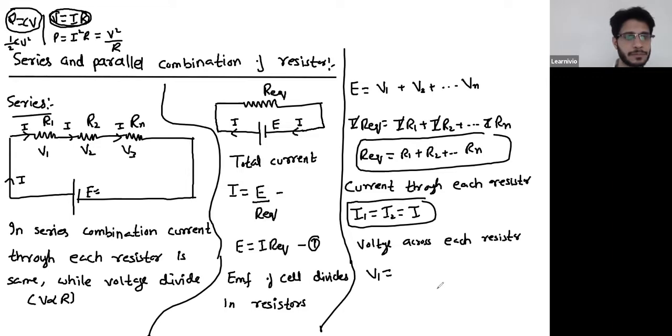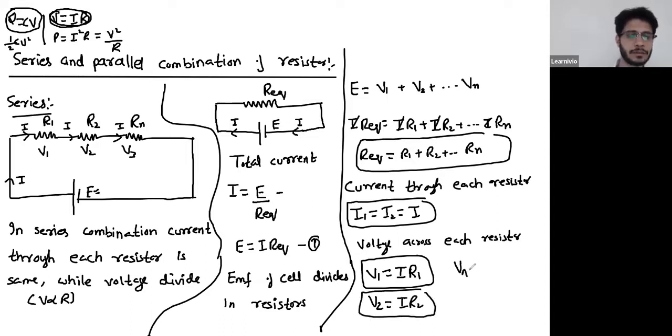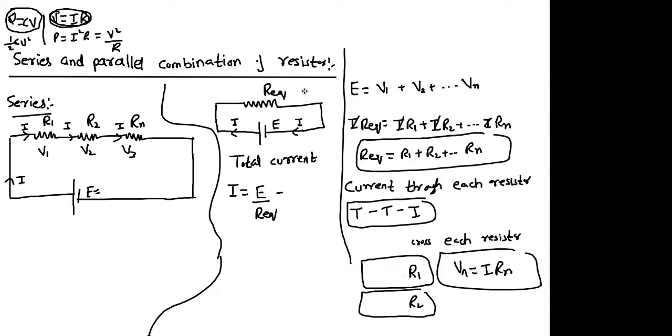The current through this resistor is I, resistance is R1, so the voltage is IR1. So Jovana, what would be V2? IR2. What would be Vn? IRn, very good.